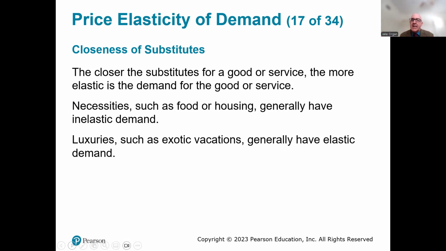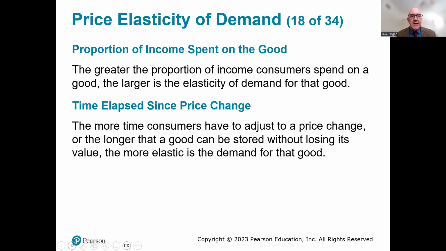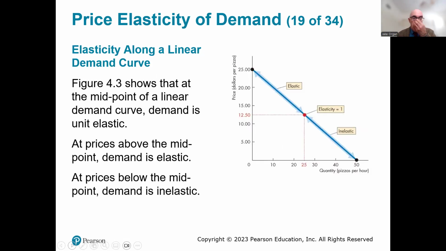And so that makes it more elastic. Luxury goods tend to be more elastic. Exotic vacations, things like that, because it's more in your luxury budget. You're going to easily shop around. And then the proportion of income spent on the good, and then the time elapsed since price change.